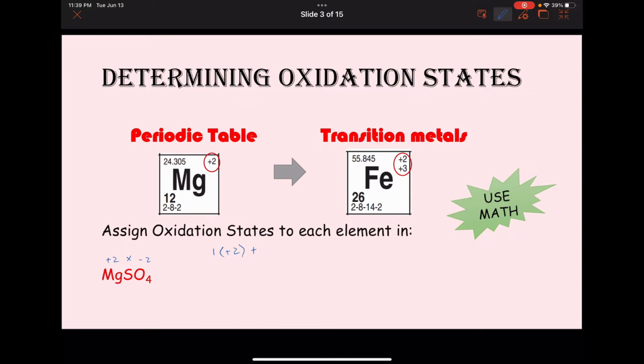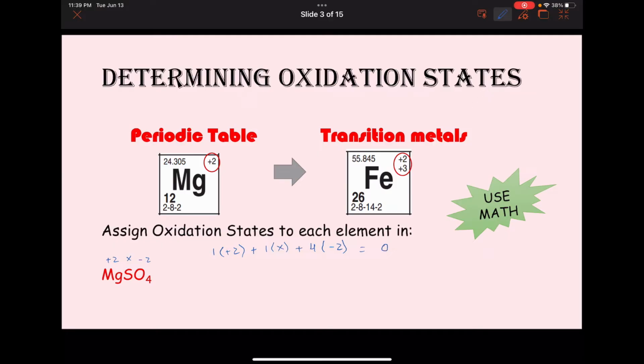Plus, for sulfur, we only have one atom, and the charge for that is X. We don't know that yet. And for oxygen, we have 4 atoms, and the charge for one of them is -2. Because this is a neutral compound, we don't see any charge for the entire compound, so we'll set this equal to 0.